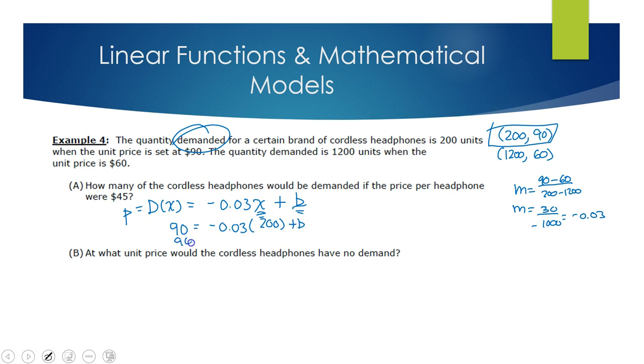So 90 equals -6 plus B, which means B equals 96. So my price based off of the demand curve is defined as -0.03x plus 96.